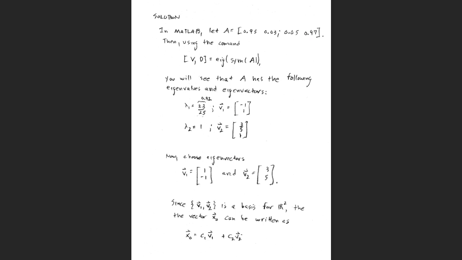Now, for your section 5.1 homework, I don't want you to use MATLAB to get eigenvectors and eigenvalues. I want you to work the problems out by hand, because that shows me you understand the concepts, and on your next exam I would be looking for that.